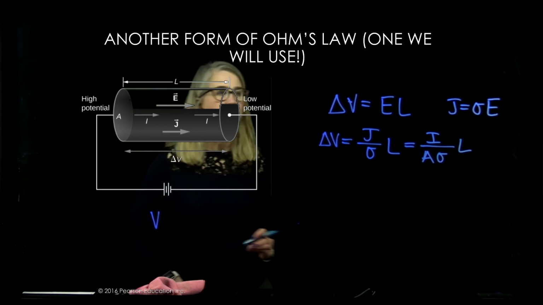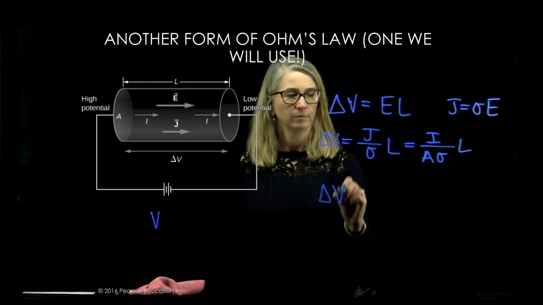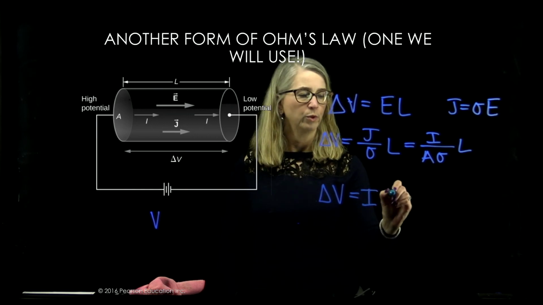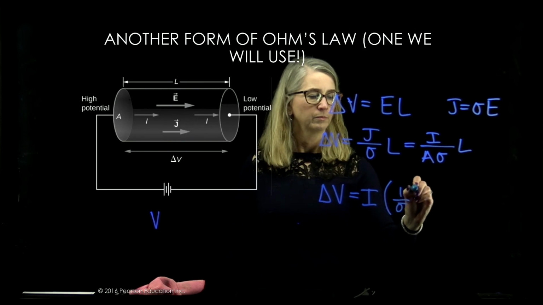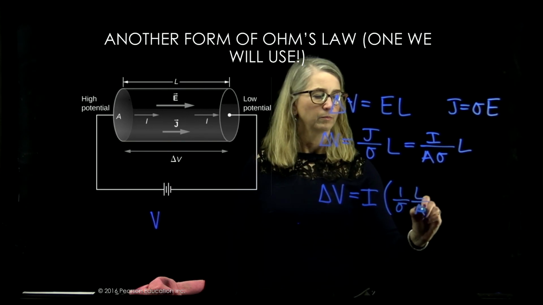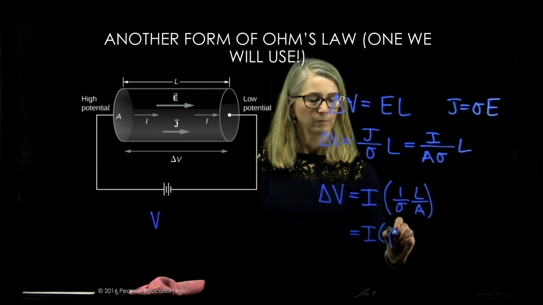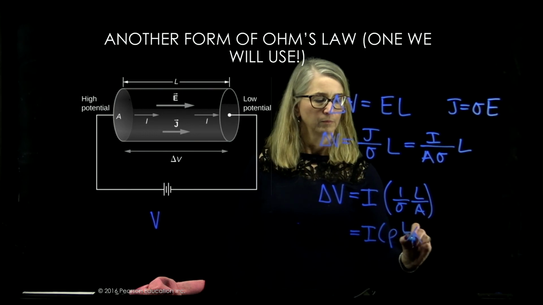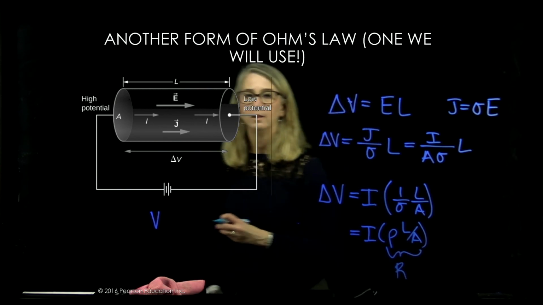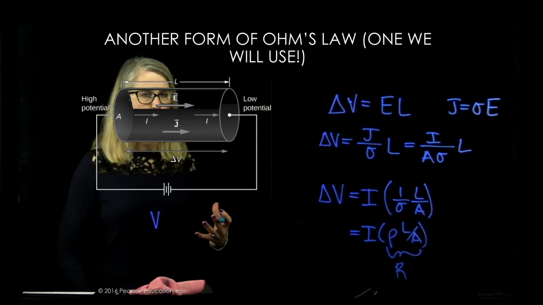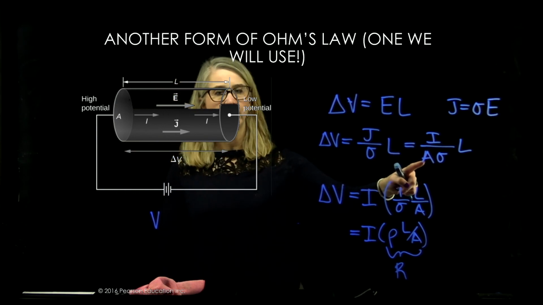Then we're going to put all these terms together here. What I did is group things a little differently. I had substituted in for current density, current over area.